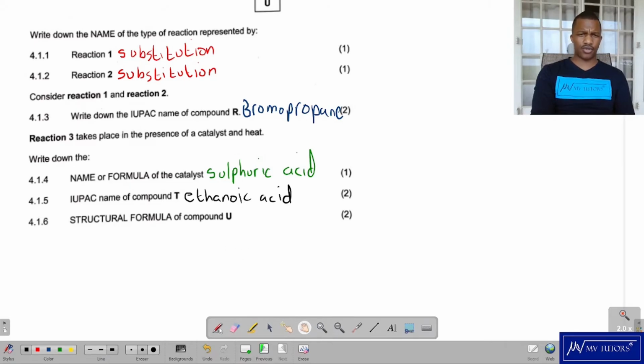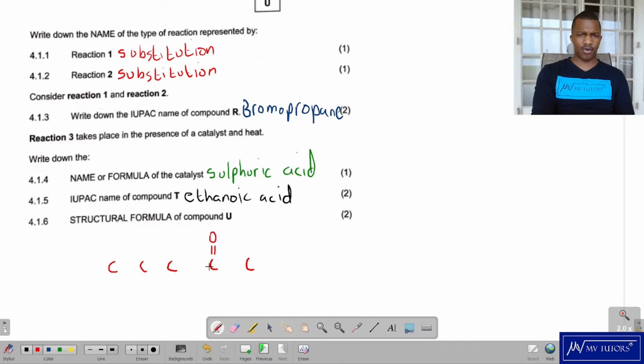So what we're going to do is, first of all, let me just write the C's, the 5 C's: 1, 2, 3, 4, 5. Okay, and then we need to put a functional group somewhere there. So I'm going to put the functional group right there.